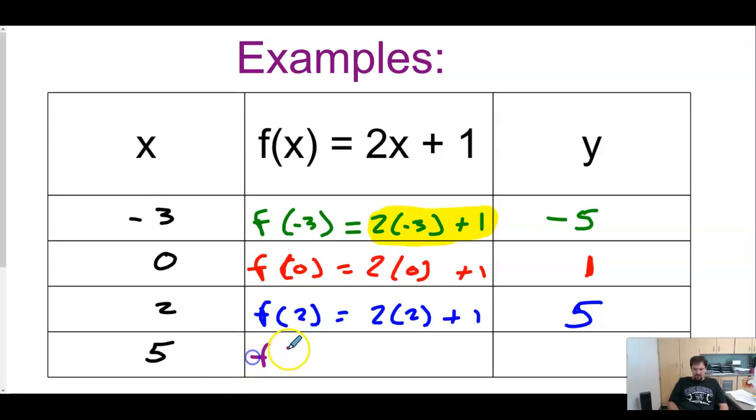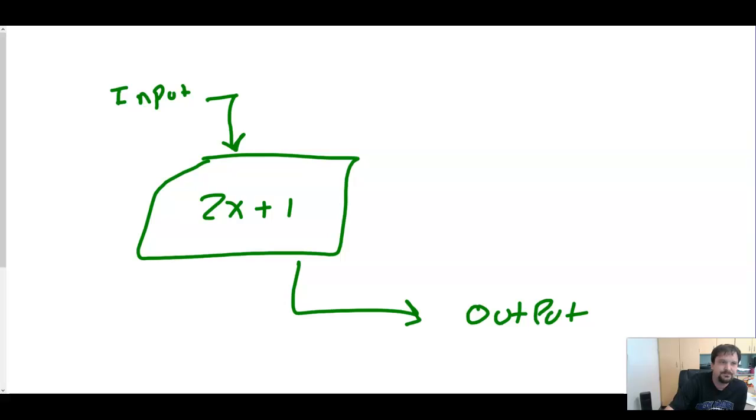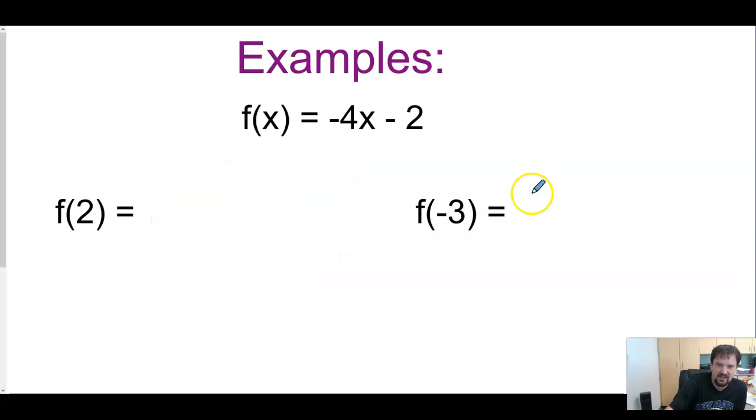So instead of f of x, it's f of 5, because I'm putting a 5 in the place of x. It's going to be 2 times 5 plus 1. 2 times 5 is 10, plus 1 is 11. So that's how we evaluate our functions. All right. Let's go ahead and look at some more examples here.